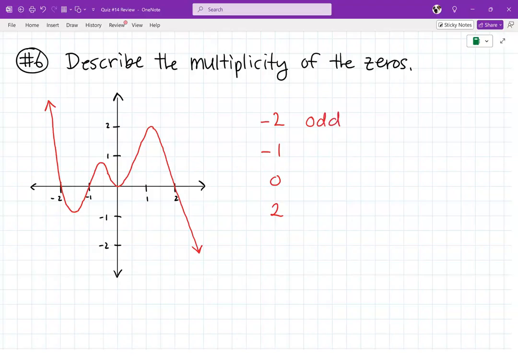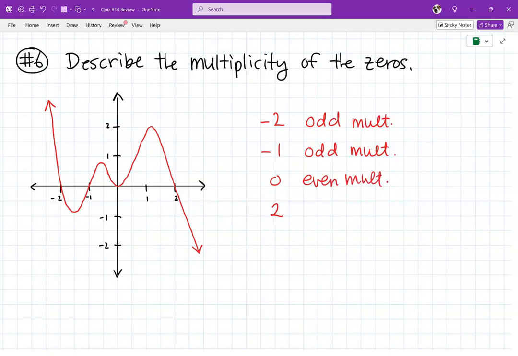Even bounces. What about -1? That's odd, right? Because it went through. What about 0? That's even, yeah. This is even, okay?